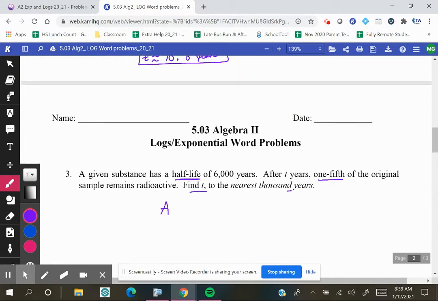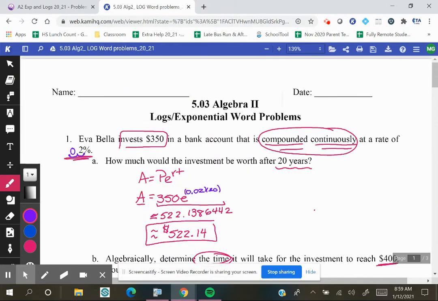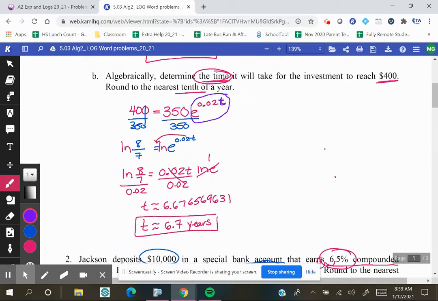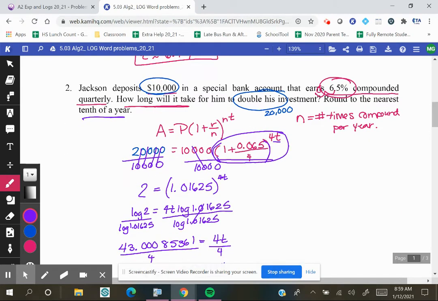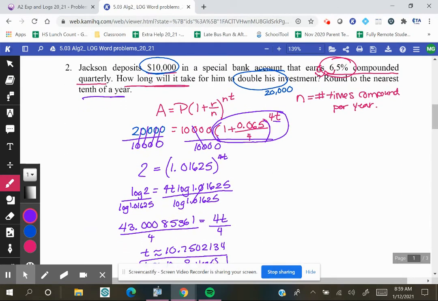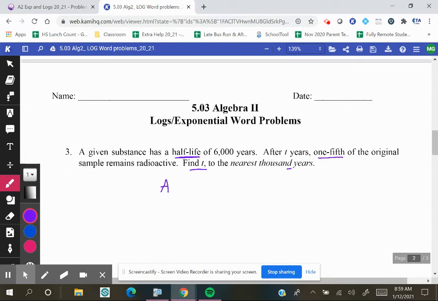So we've talked about compounded continuously is your A part. Then we talked about compounded anything besides continuously is this formula. So that's 2 you need to memorize. And your third here is your half-life formula, which you take the initial amount again, times 1/2, raised to, I always remember as t over h, which does not stand for the, t stands for time.